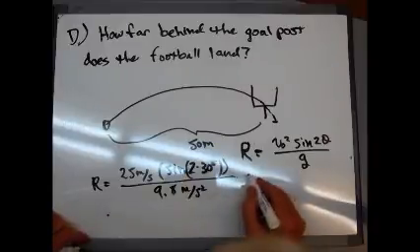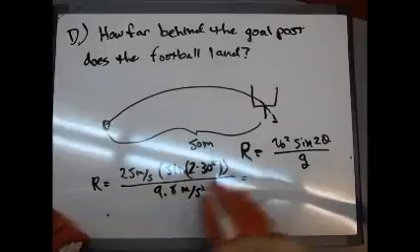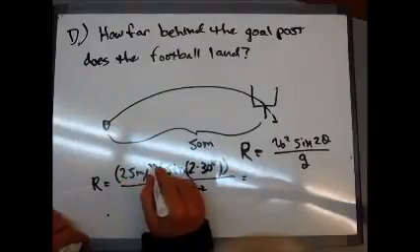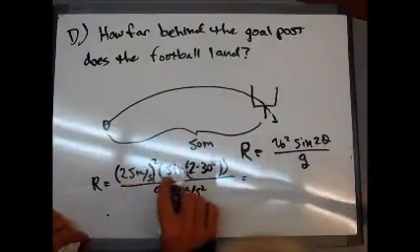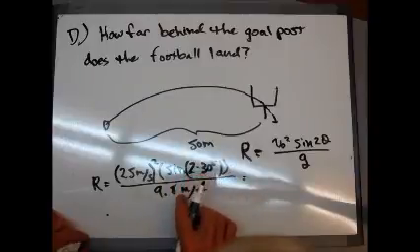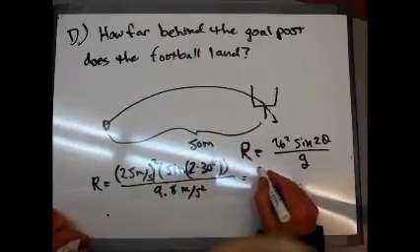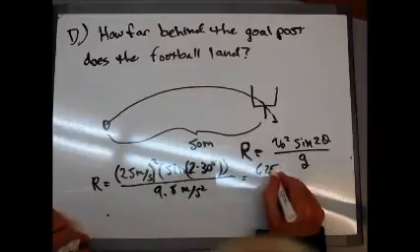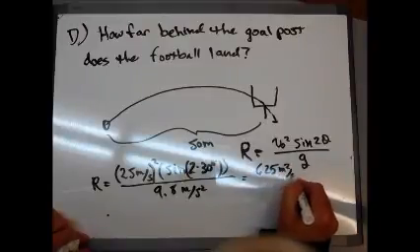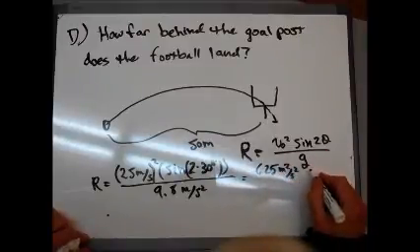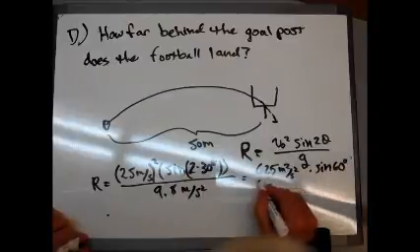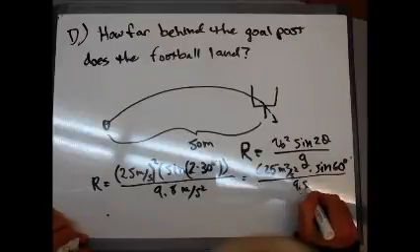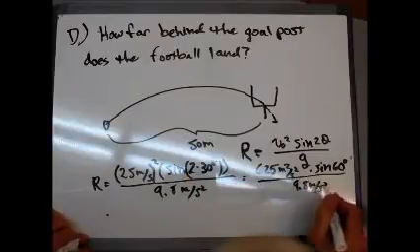Sorry, this thing is squared. So it's V naught squared sine of 2 times 30 divided by 9.8 meters per second squared. That's 625 meters squared per second squared times sine of 60 degrees divided by 9.8 meters per second squared.